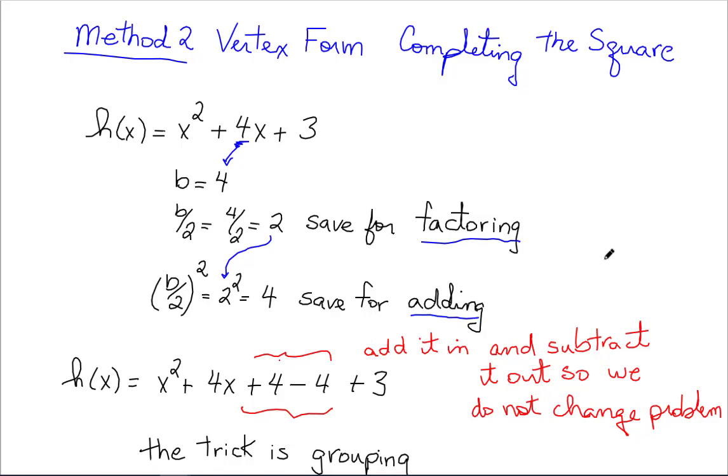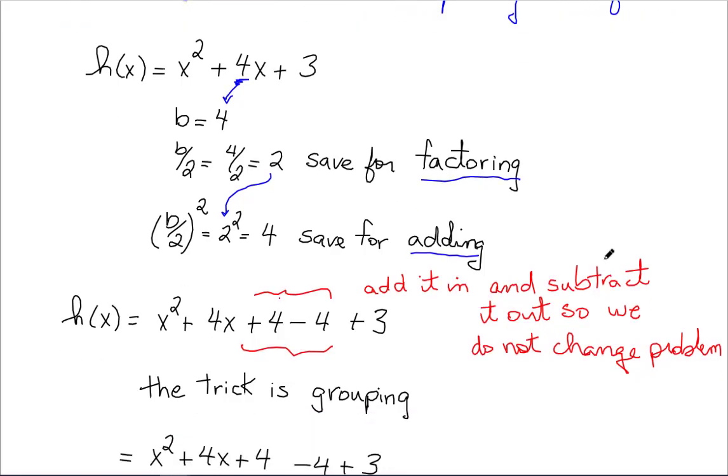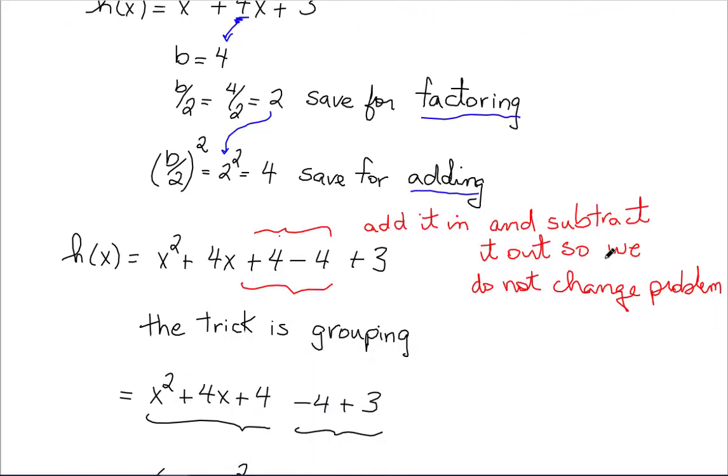Now, when we were solving equations, I was able to add 4 to both sides. Here I don't have two sides. So I do something that looks kind of stupid when you first see it, and that is I'm going to add the 4 in and I'm going to subtract it right back out, plus the 3 that's still on the end.